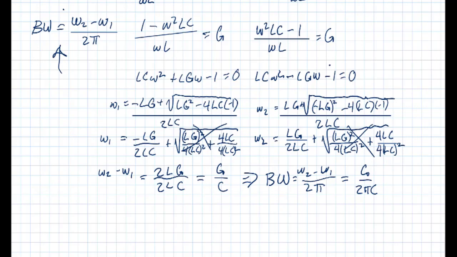The inverse of the bandwidth, or 1 over bandwidth, equals 2 pi C over G. That's just taking the inverse.